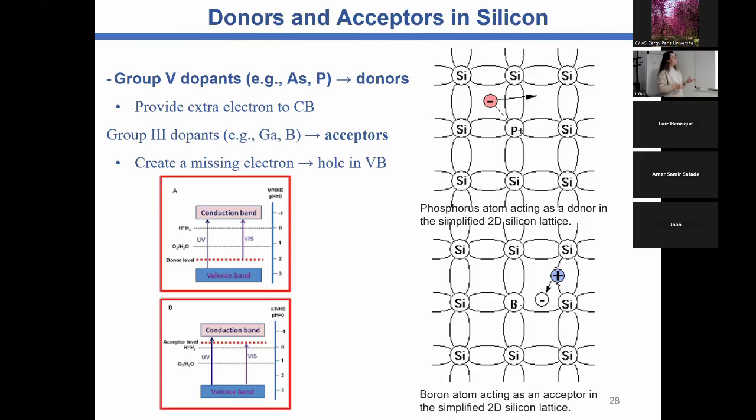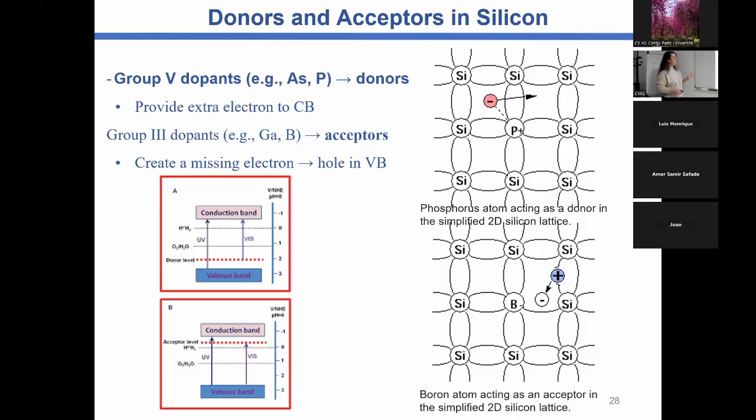If we don't want doping with phosphorus, but want to dope with boron: boron is a material from group 3, and it acts as an acceptor because it needs 3.